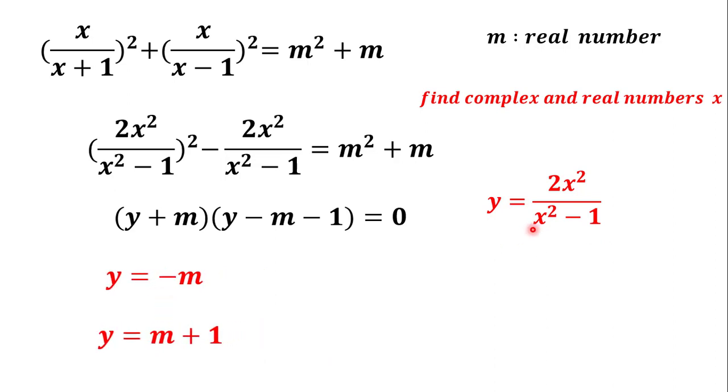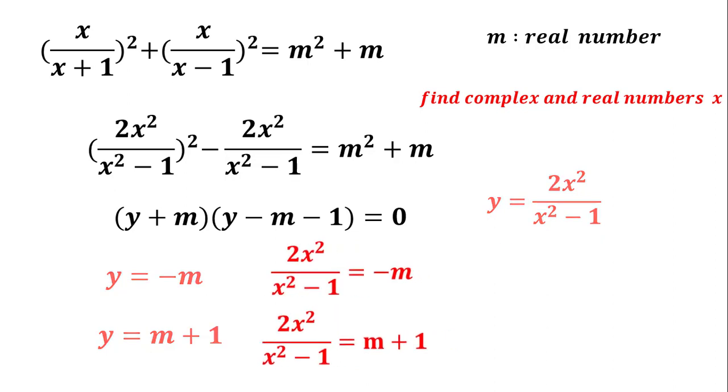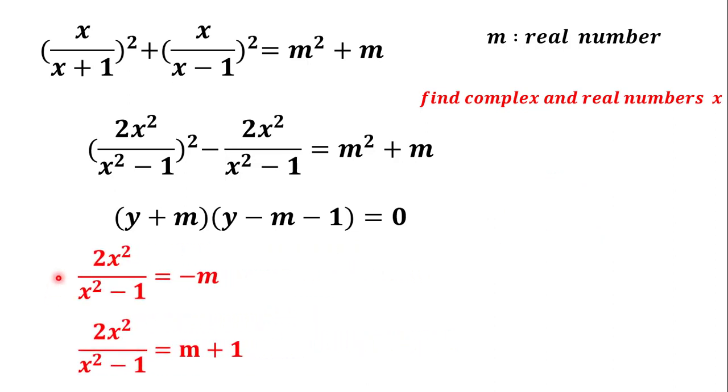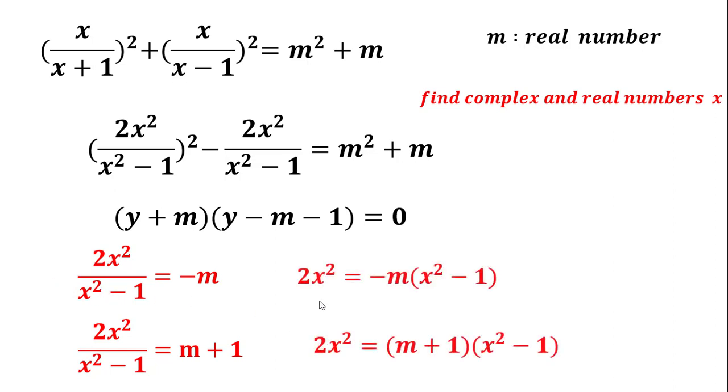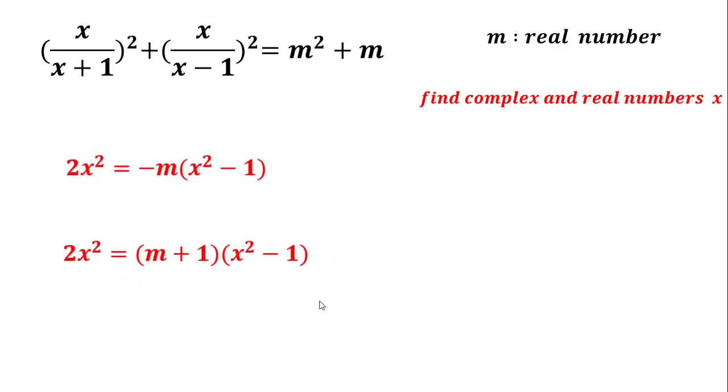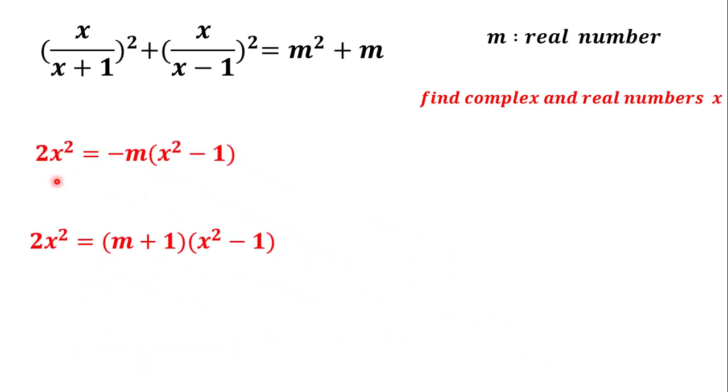Now we need to replace y by this fraction. We need to multiply both sides of these two equations by x squared minus 1. Multiply x squared minus 1 by minus m, and in this equation multiply x squared minus 1 by m plus 1.